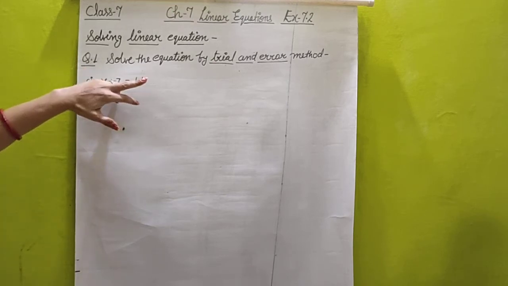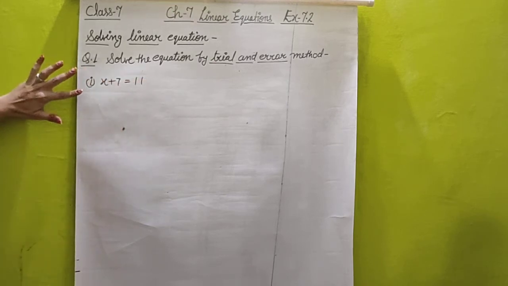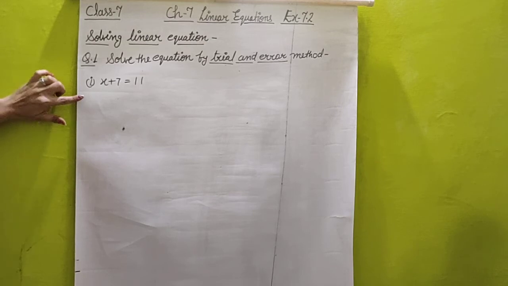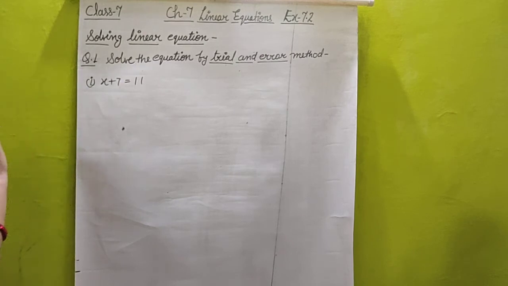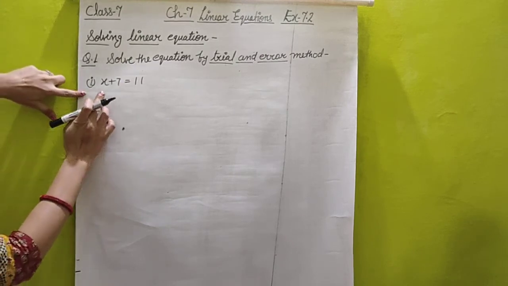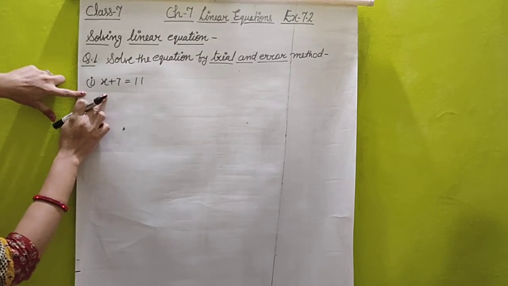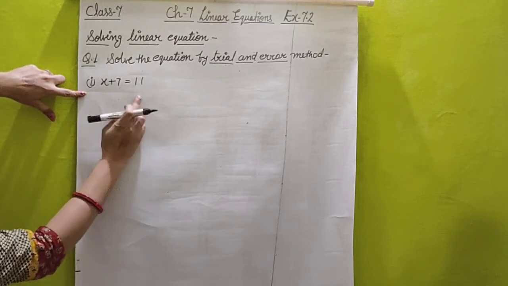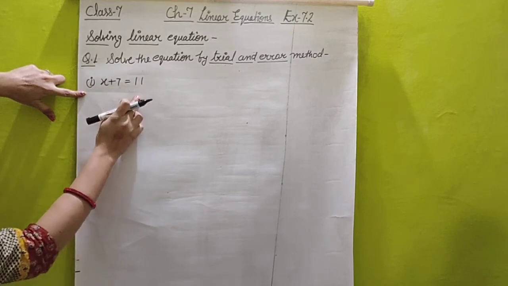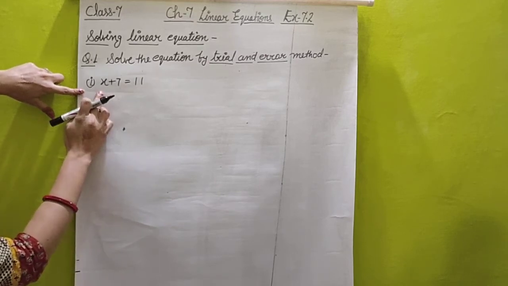Suppose x is equal to 0, 1, 2, 3, even in the minus you can put values of x. Here x plus 7 is the LHS part, 11 is the RHS part. When LHS and RHS are equal, that will be the solution of the given equation.